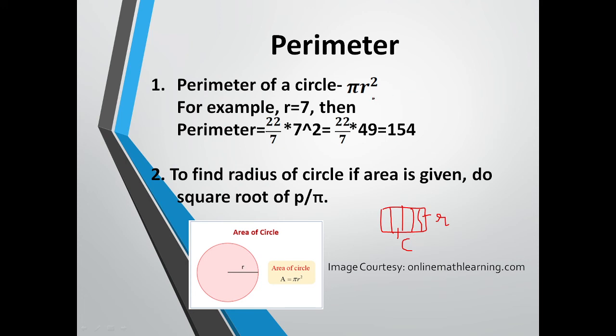We know the circumference of a circle is 2 pi r, or pi d.